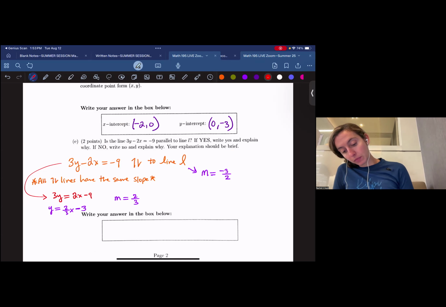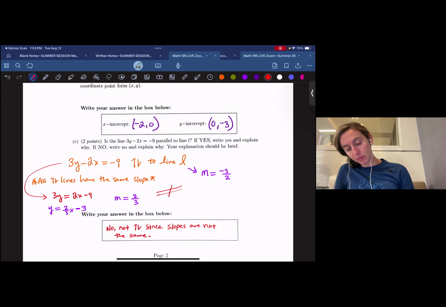So, no, not parallel, since slopes are not the same. You always want to properly explain your answer. It tells me that you actually understand the problem itself.